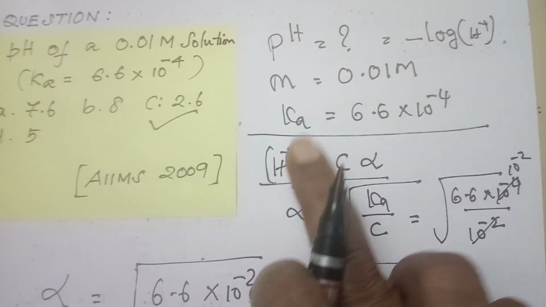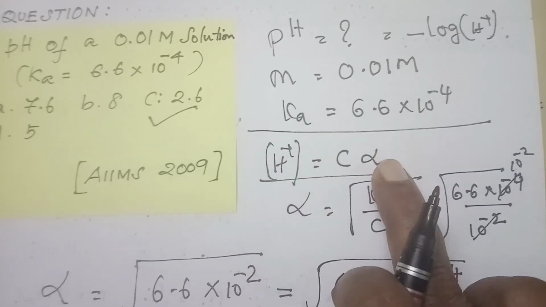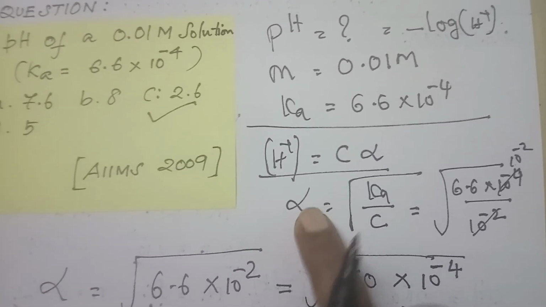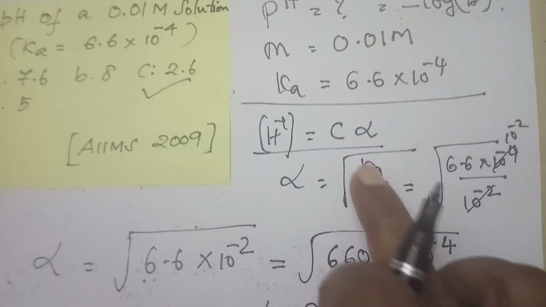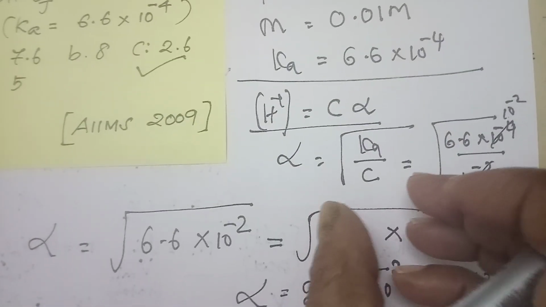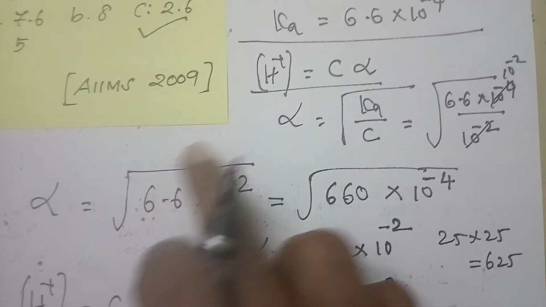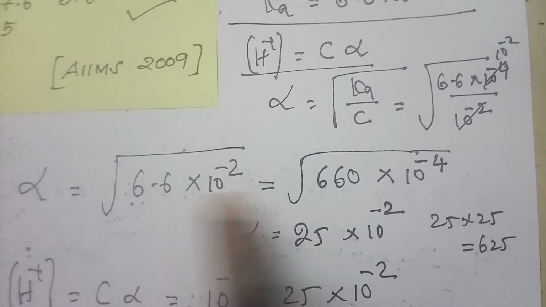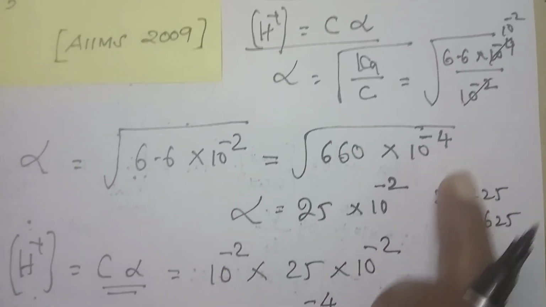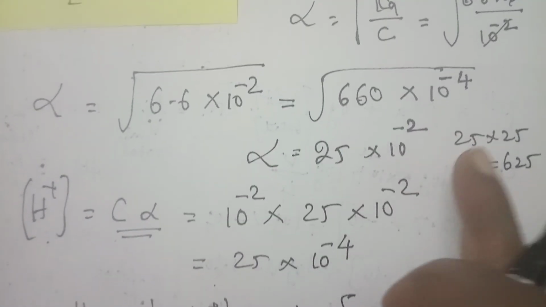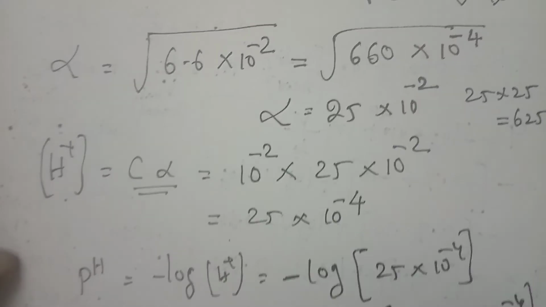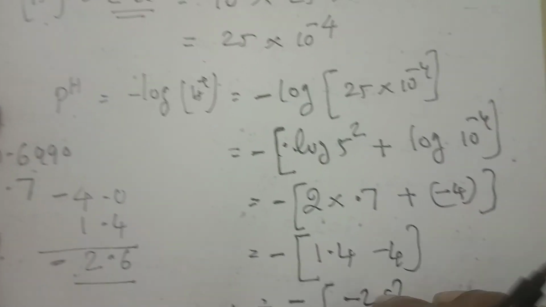To find the concentration of hydrogen, you need C alpha. To find alpha from Ka, you take the square root of Ka by C. Like that, we should approach the formula. Then substitute. Here I taught you how to find the square root of 6.6, one simple trick, which is very important. Then afterwards you substitute one by one and finally get the answer.